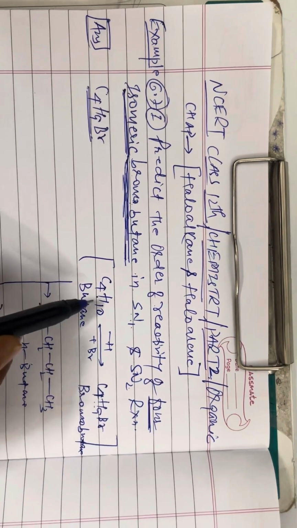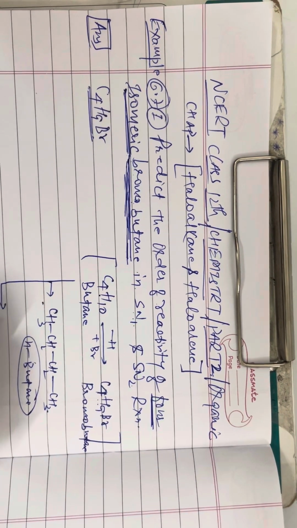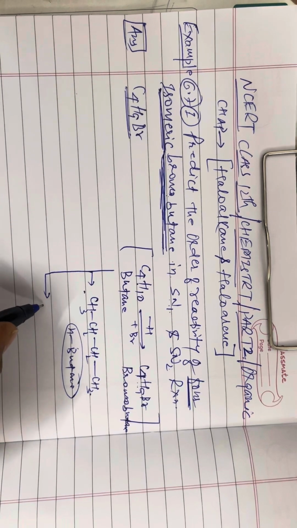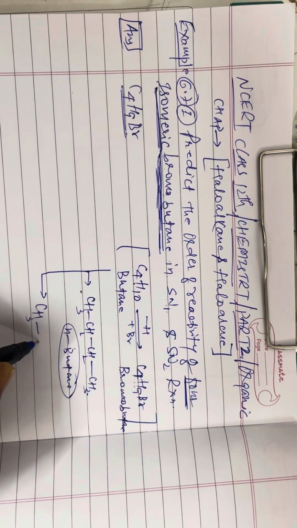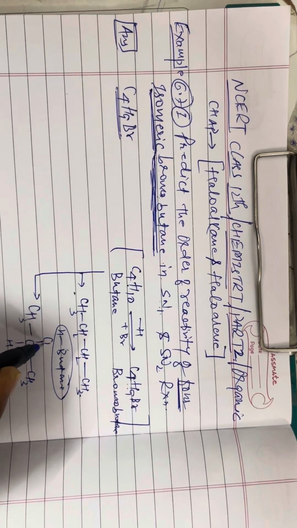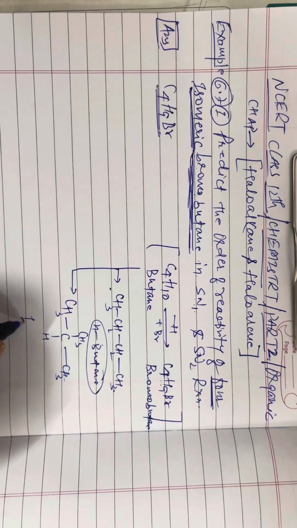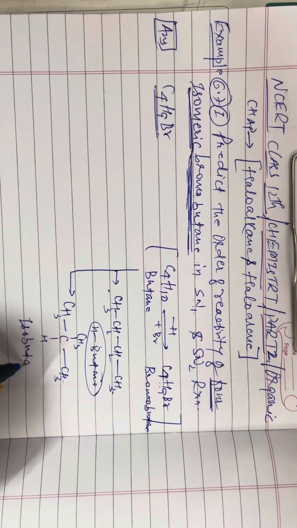So butane has two isomers. One is n-butane, which is a straight chain. The next one is isobutane, CH3, CH, CH3 and CH3. Three carbons are in a straight chain and one is in a branch. This is your isobutane.